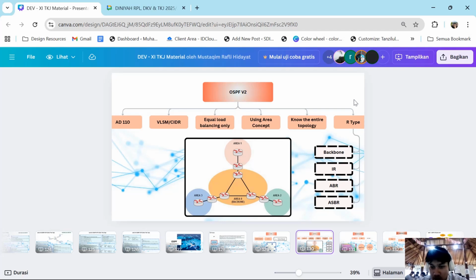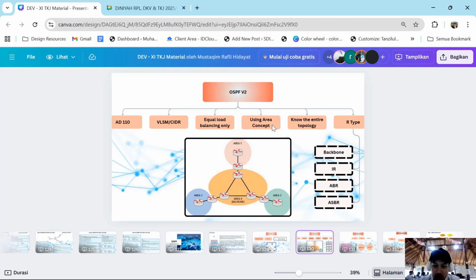One thing you must understand is area type and router type, about backbone, IR, ABR, ASBR. All of this has been talked about in the previous video, OSPF starter, so you must watch that video.